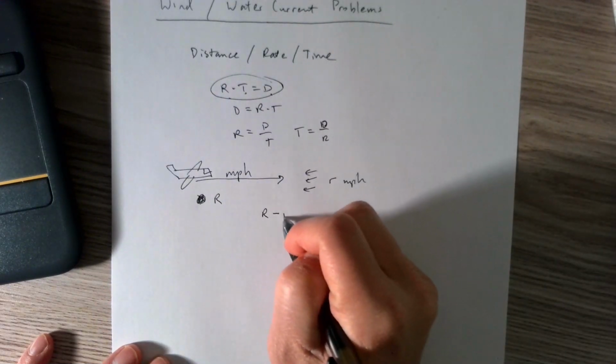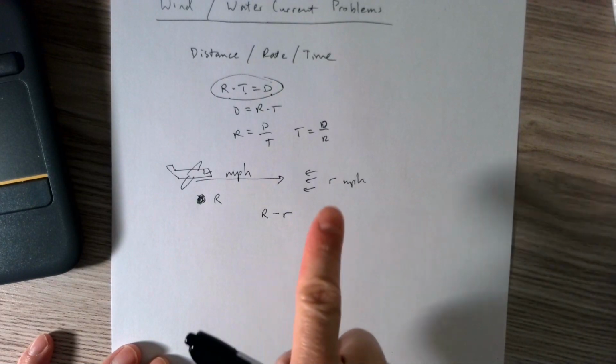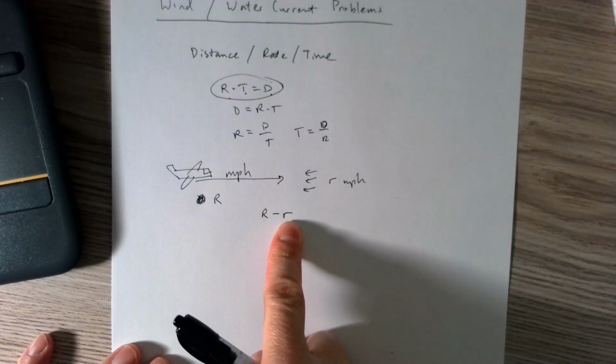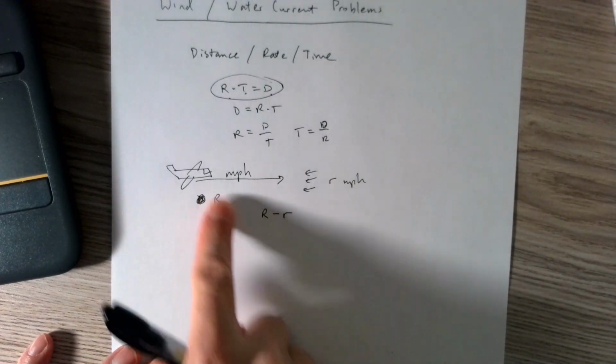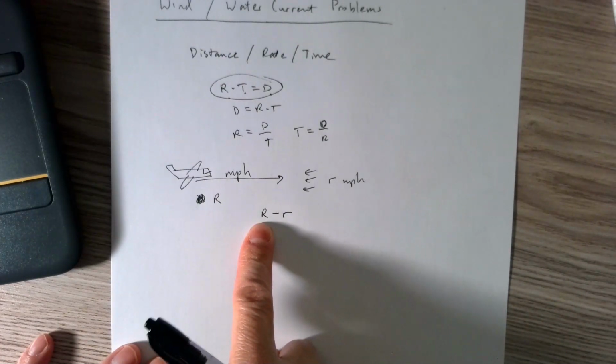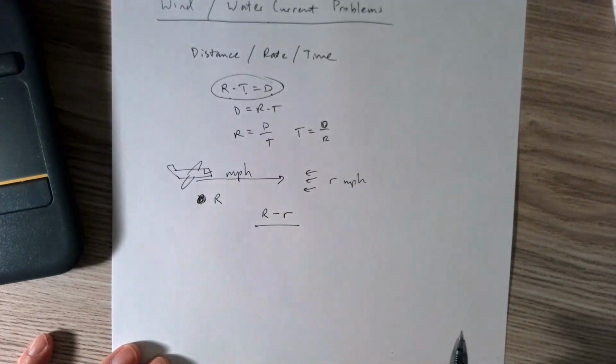In fact, we're going to use this formula. When the wind has lowercase r speed and the object has uppercase R speed, the overall speed becomes R minus r, miles per hour.